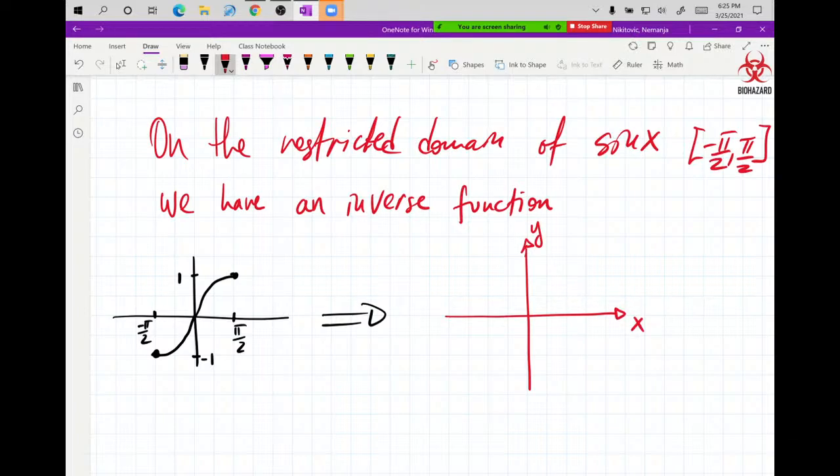So now you have your negative 1 and positive 1 on the x-axis, and positive pi over 2 going up, negative pi over 2 going down. Negative and negative are a point, positive and positive are a point, and then they go like this. It curves differently.